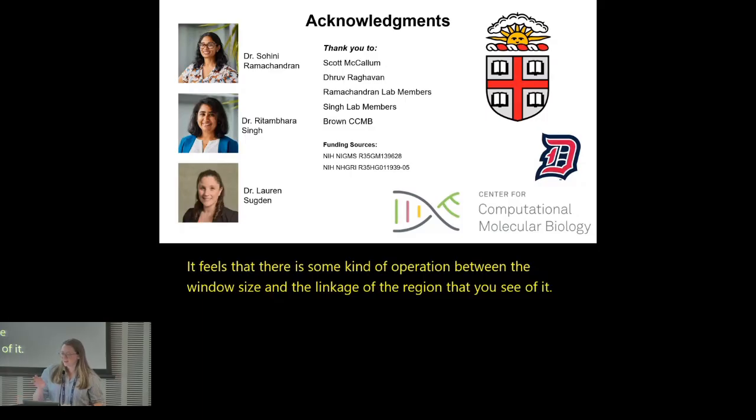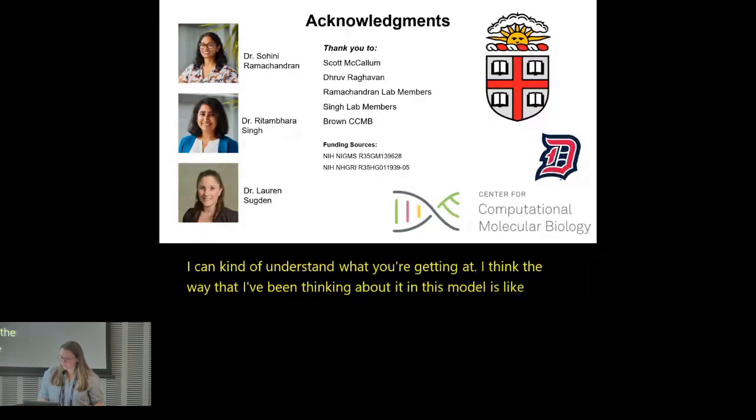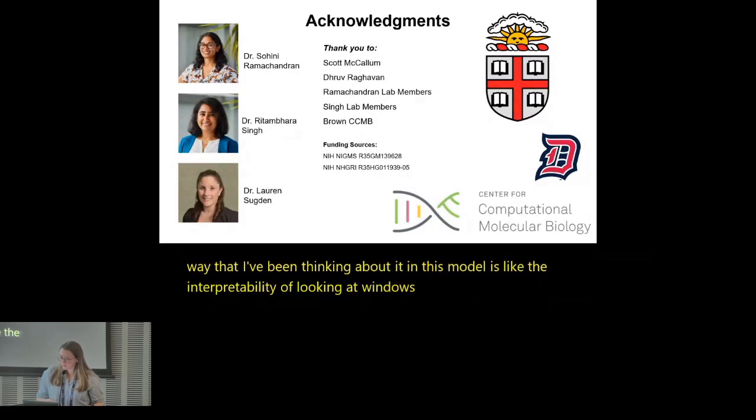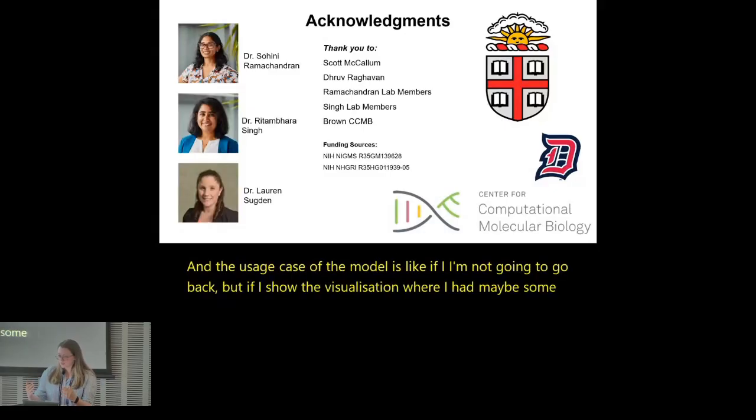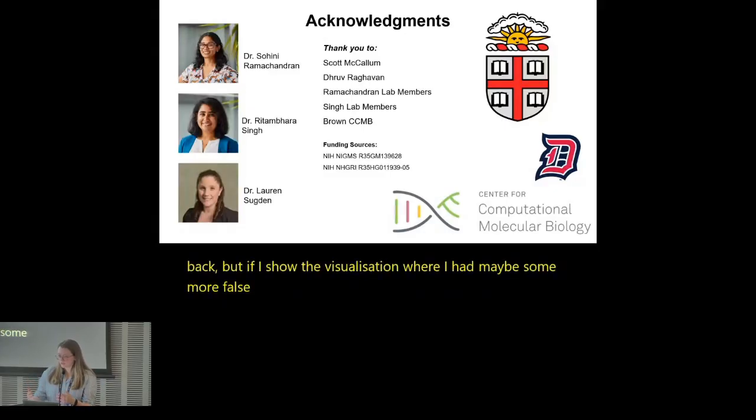I can kind of understand what you're getting at. The way I've been thinking about it in this model is the interpretability of looking at windows versus sites. If I show the visualization, I had maybe some more false positives in WINDEX with the windows, maybe classifying more things as sweep.